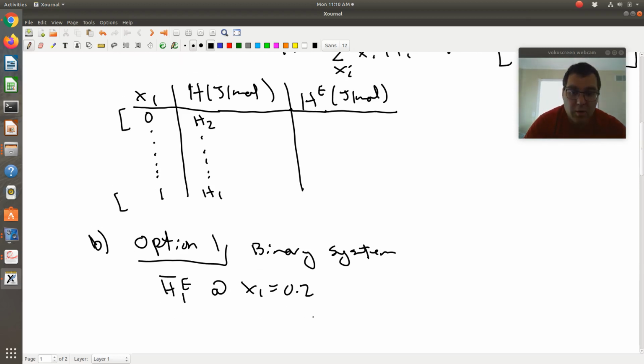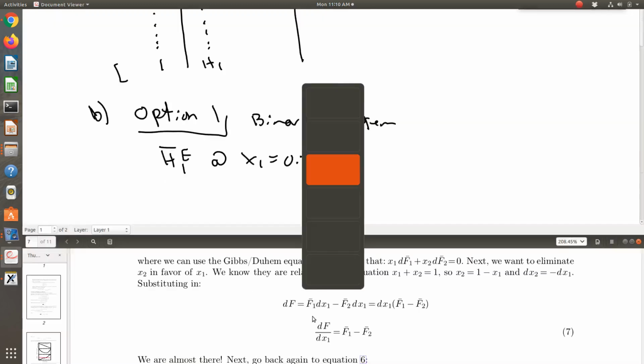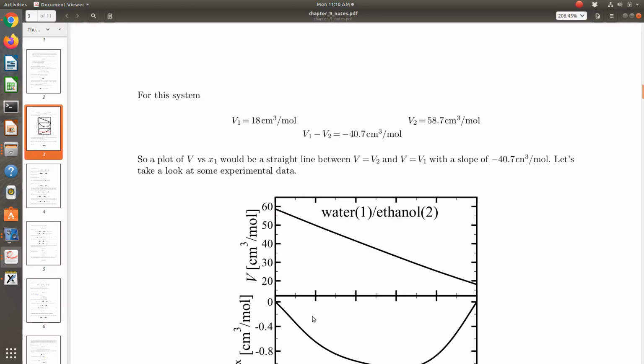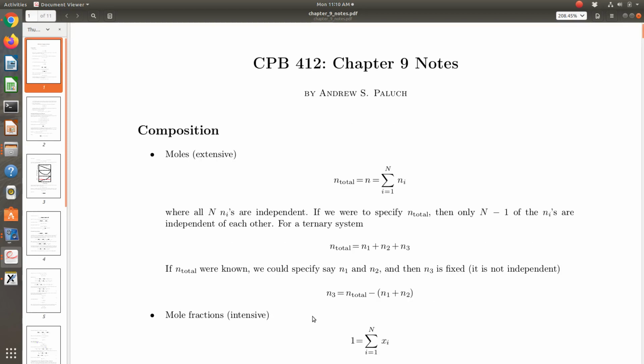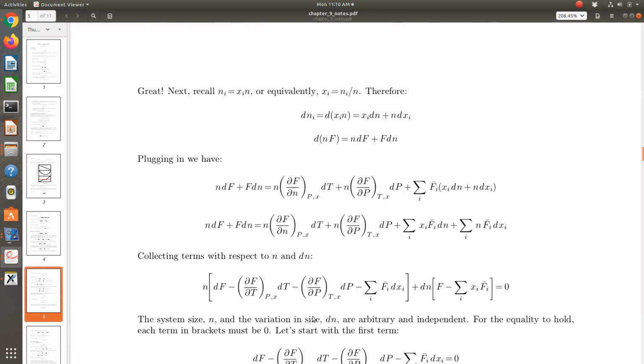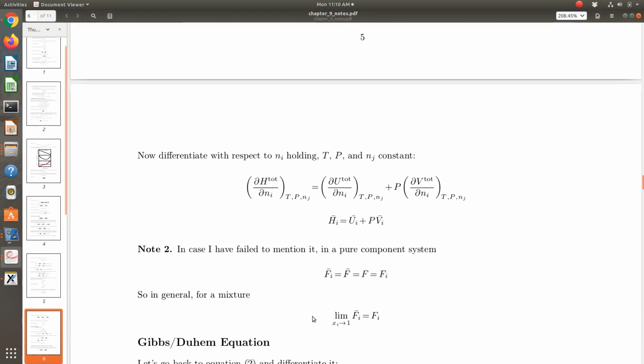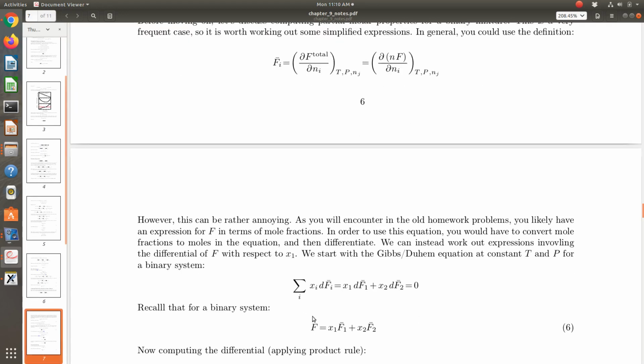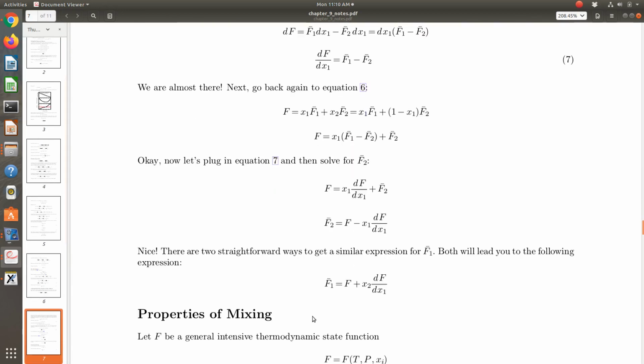For a binary system, I pulled up our notes from chapter 9, where we derived all of these cool expressions for mixtures. We found that for a binary system, we could obtain simplified expressions for calculating partial molar properties using our intensive expressions of the property of interest and derivatives with respect to mole fractions.